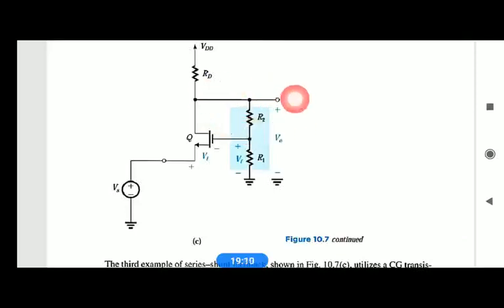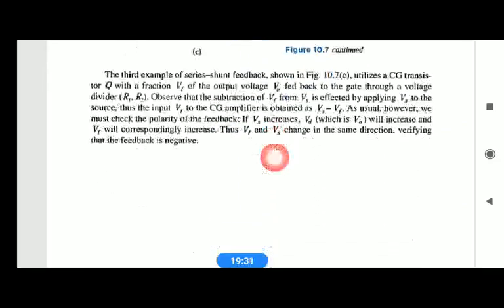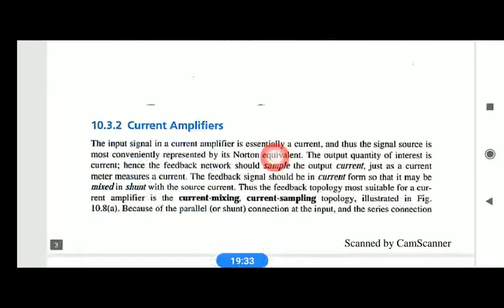Since the voltage at the drain is increased, V0 is increased. Since V0 is increased, the Vf across R1 is also increased, because Vf is equal to R1 into V0 divided by R1 plus R2 according to the voltage divide rule. So an increase in V0 increases Vf. This is also a negative feedback amplifier.